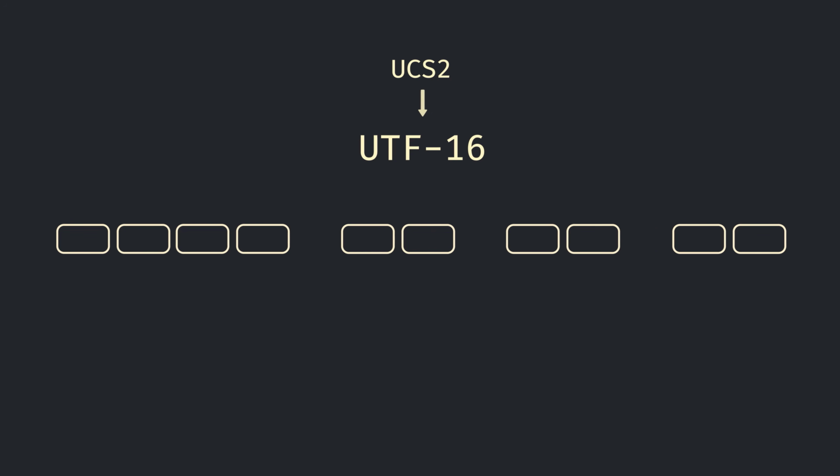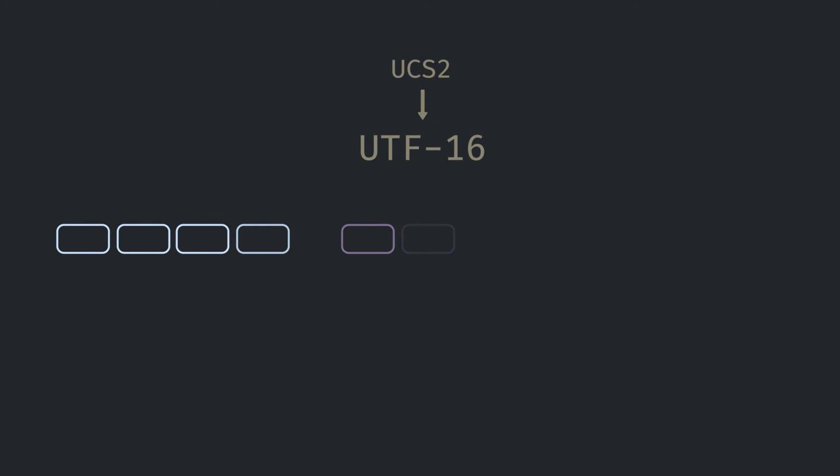When Unicode later expanded to its current capacity, UTF-16 was invented to encode those new code points using 4 bytes, remaining compatible with UCS2 by being a variable length encoding. I won't cover exactly how it works because it is used so rarely today. Just know that it encodes each character using either 2 or 4 bytes.